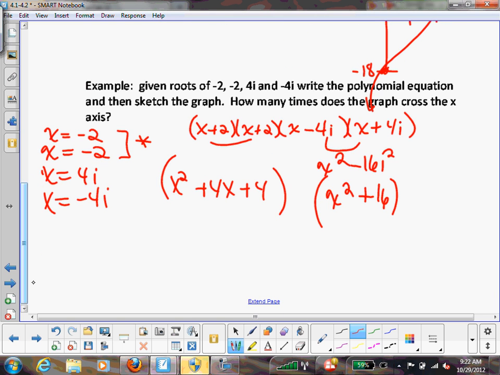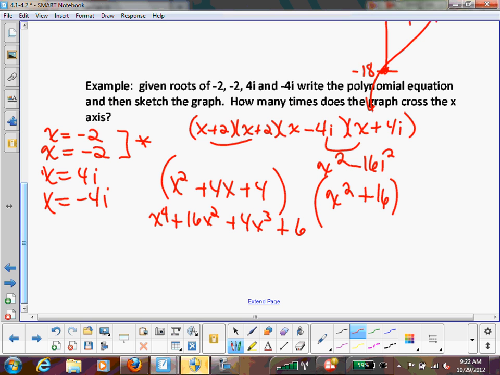Okay, now this, I mean, I can't do this in my head and write it all out, so I need to show it. So I'm going to get x to the 4th plus 16x squared plus 4x cubed plus 64x, right? Is that right? Plus 4x squared plus 64.